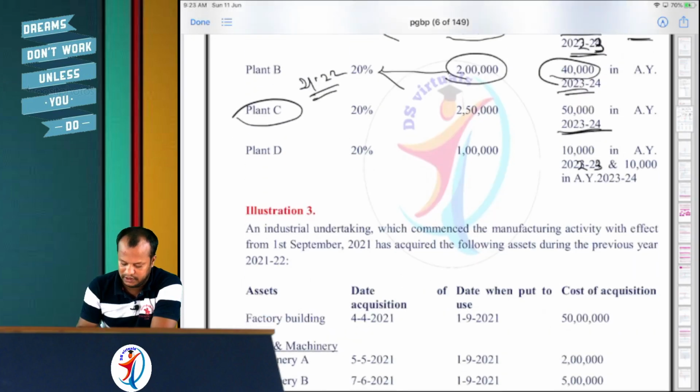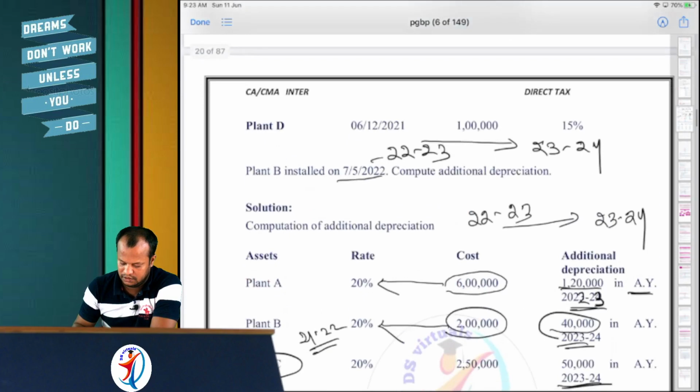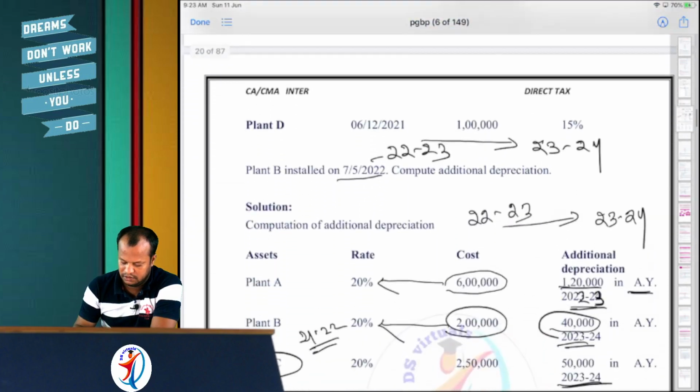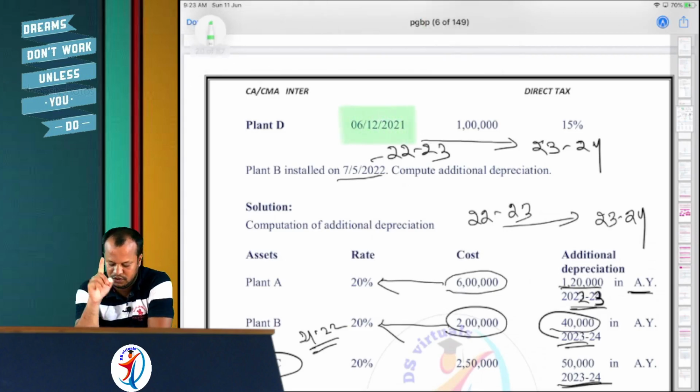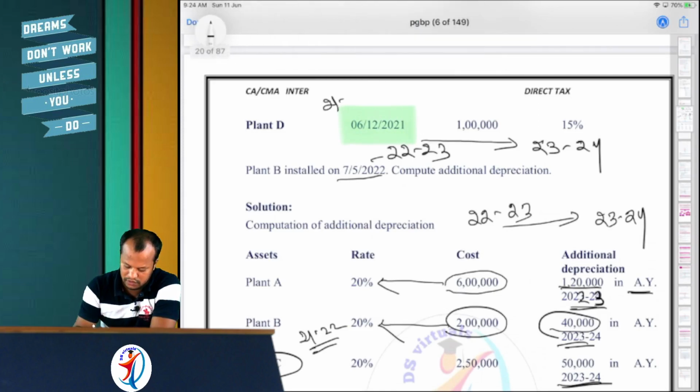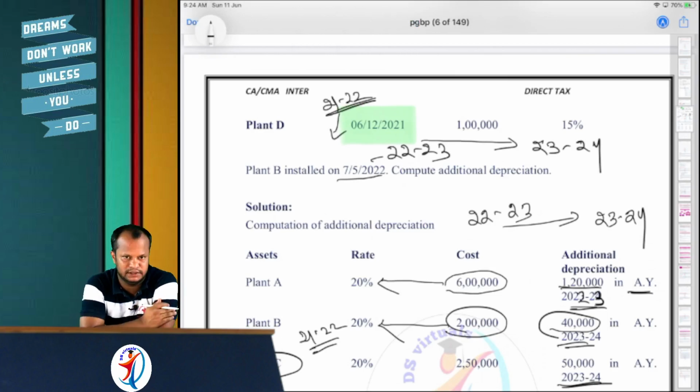Plant D, acquired in 21-22, but put to use for less than 180 days in 21-22.